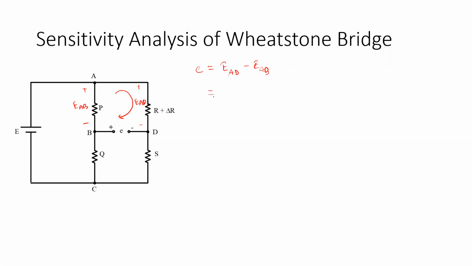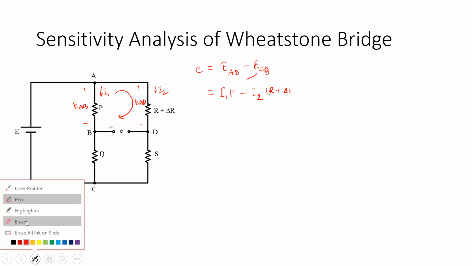Now let us consider that the current flowing through P is I1 and the current flowing through R plus delta R is I2. Similarly, like we did earlier, we can replace this one by I1 into P and the other one by I2 into R plus delta R. Sorry, I just reversed the quantities.